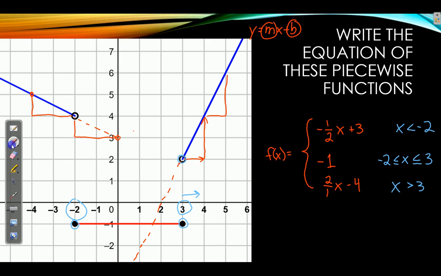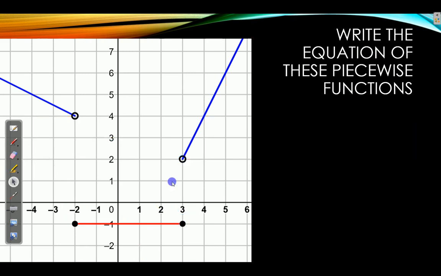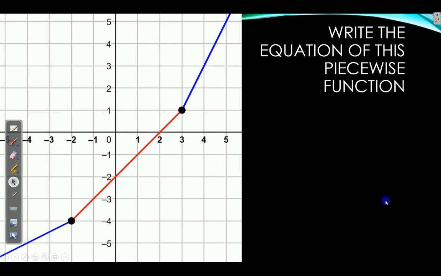So I want you to try that now. So on the next slide, pause the video here. Try to write the equation of this piecewise graph. You can call it whatever you want, but you're going to have 3 straight lines. When you've got that, hit play to go to the next part.